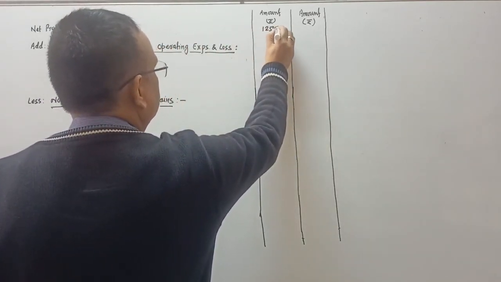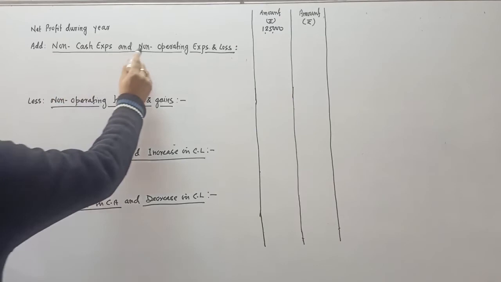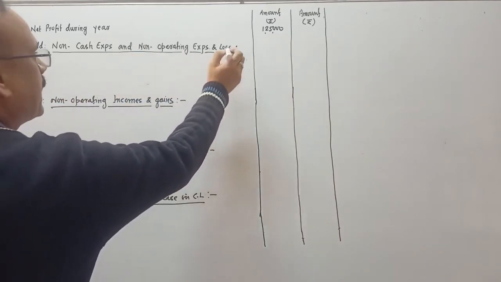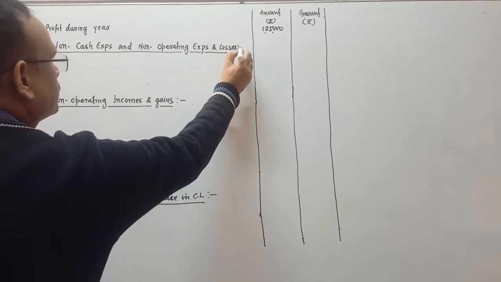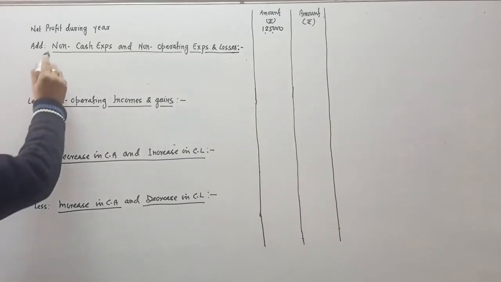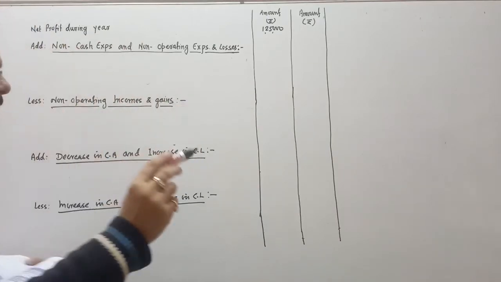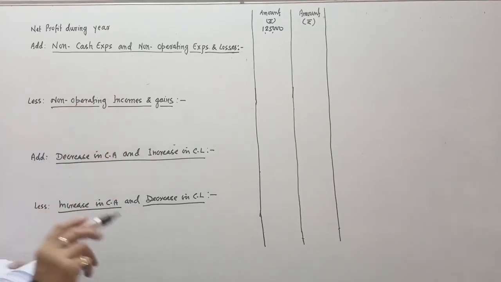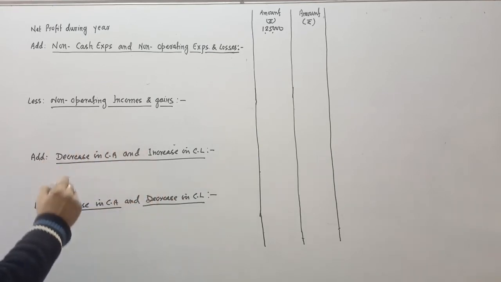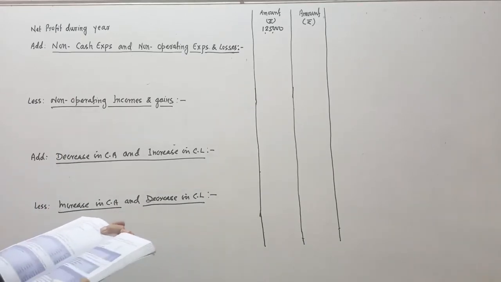In this net profit, you add non-cash expenses and non-operating expenses and losses, and deduct non-operating incomes and gains if any. Then add decrease in current assets and increase in current liability, and vice versa, increase in current assets and decrease in current liability will be deducted.